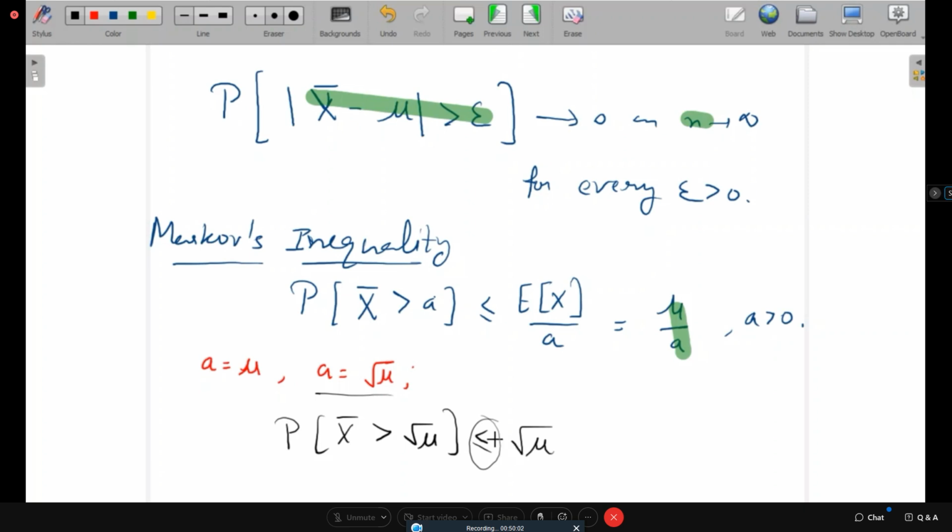It is true because probability is always less than 1. It's not a problem. Okay, I think this is not giving much information.